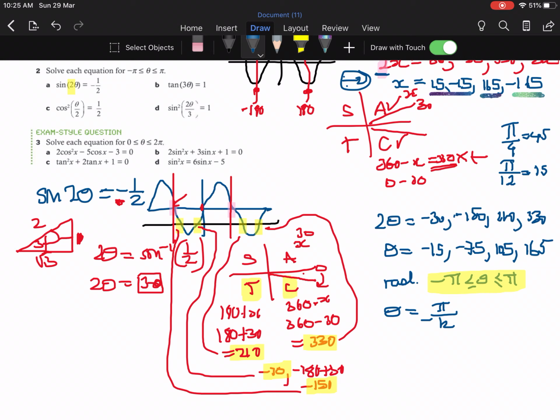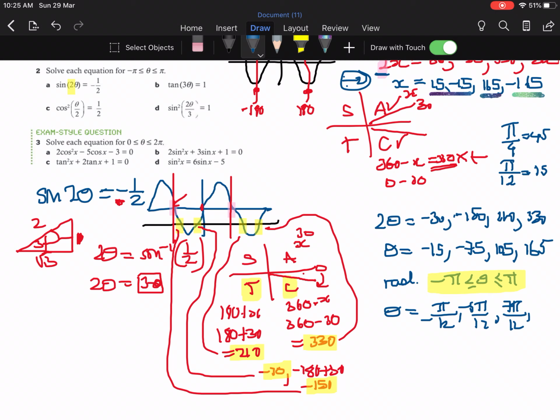And then 75, well, if I know 15 times 5 is 75, then that's going to be 5 pi by 12 with a negative. And then I'm going to keep going in the same direction. 105 is going to be 7 times 15, so it's 7 pi by 12.